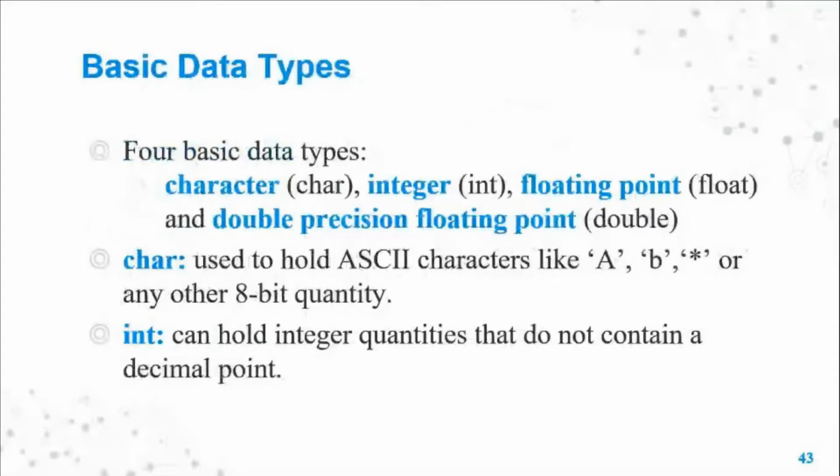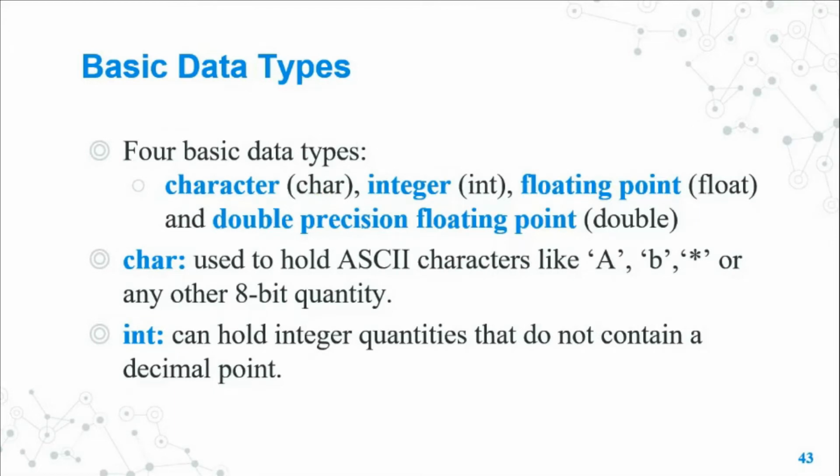The basic data types consist of four different types. That is the character, shortly denoted by char. Whenever in a program you see a variable defined as char, that means it can hold a character.